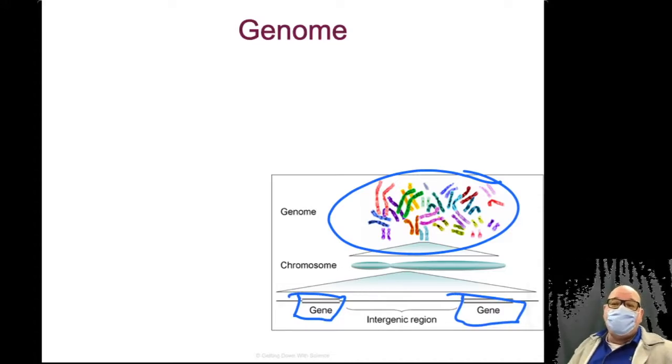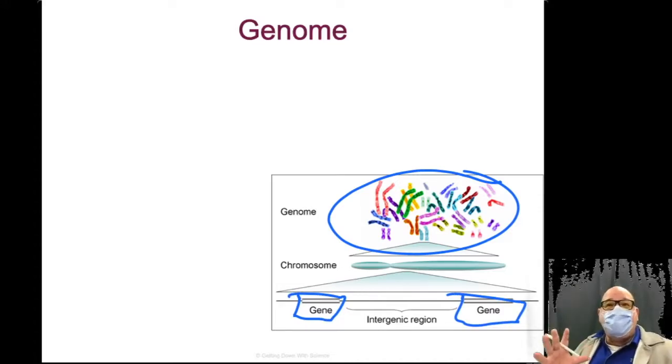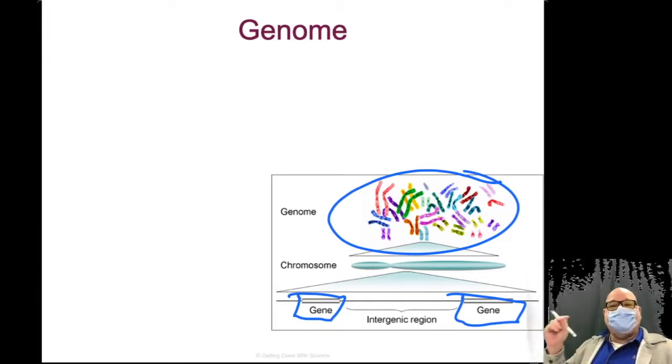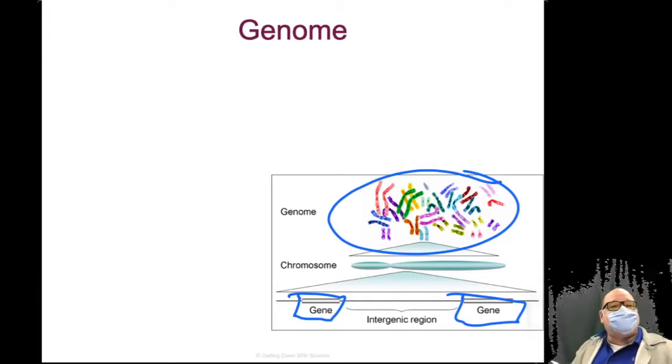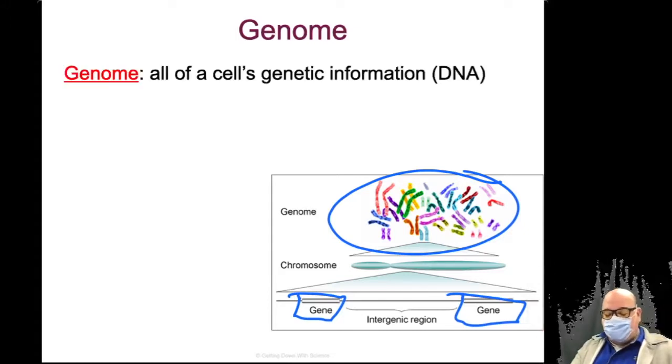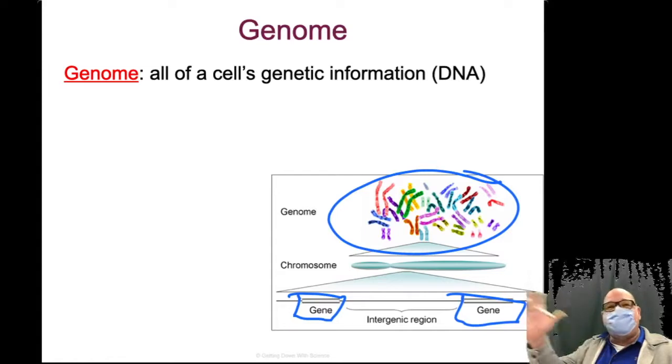Again, new terms. The genome is the whole thing. That's the whole library. The gene is sort of like an individual chapter. It tells you, here's the protein to make whatever. So just to review, a genome is everything in the entire cell's genetic makeup.